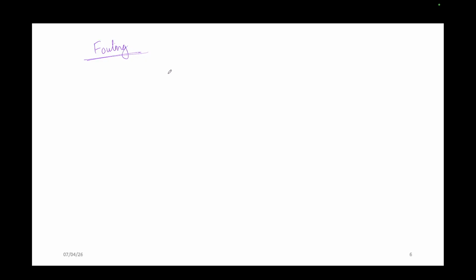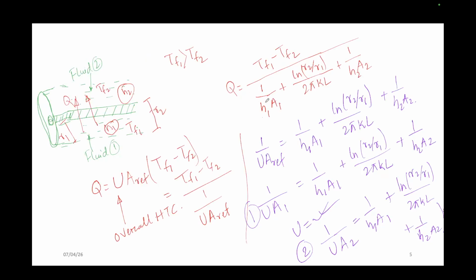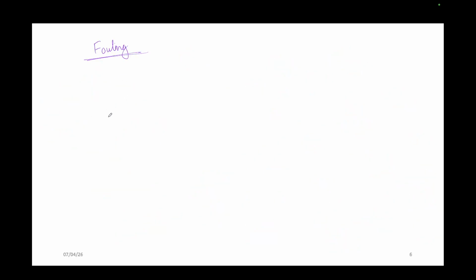See here, each and every term I can represent as R convection, R conduction, plus R convection, right? Actually it is thermal resistance. So I just represent the thermal resistance due to this fouling as Rf, which is also known as the fouling factor.